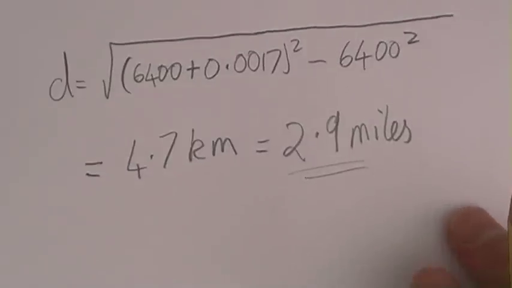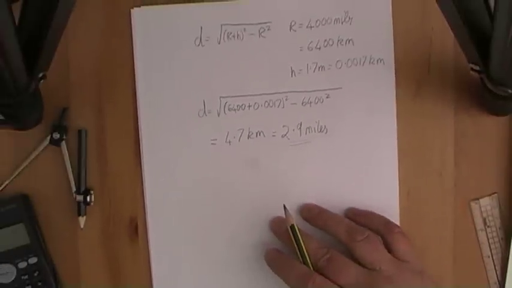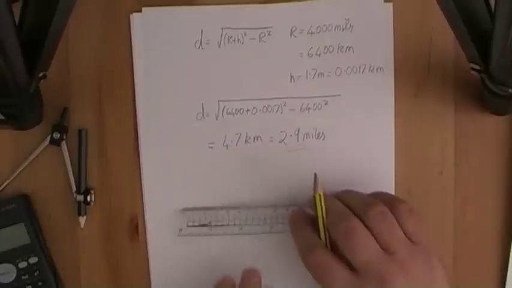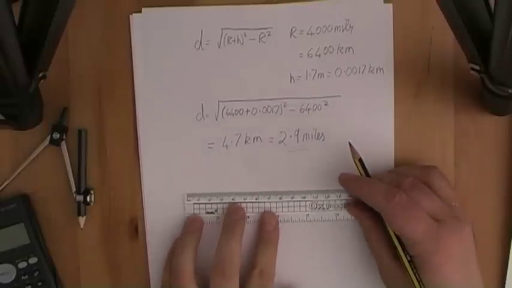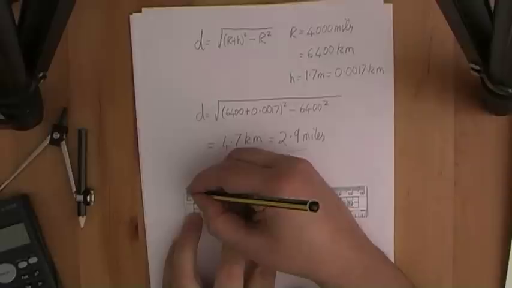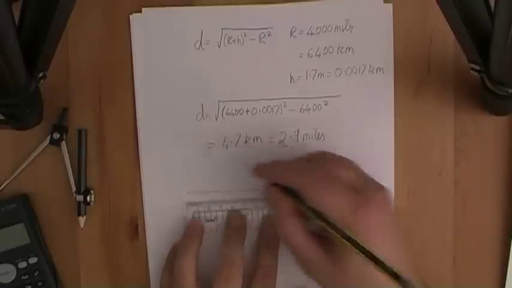Now, let me draw a line, say make it 15 centimetres. Now 2.9 is about 3 miles, so call it 3 miles, make it easier.